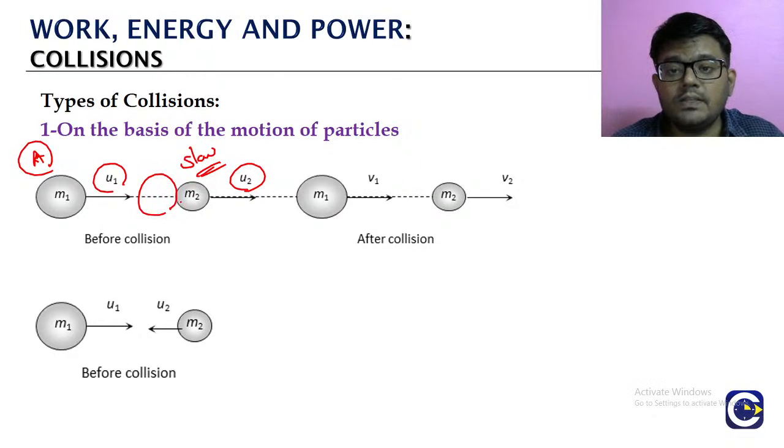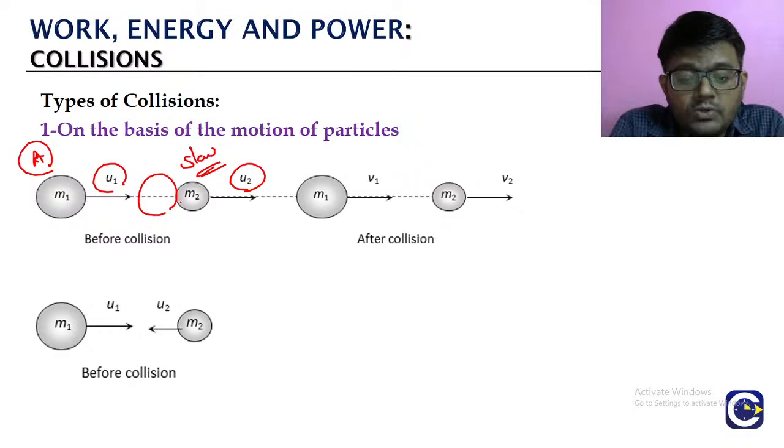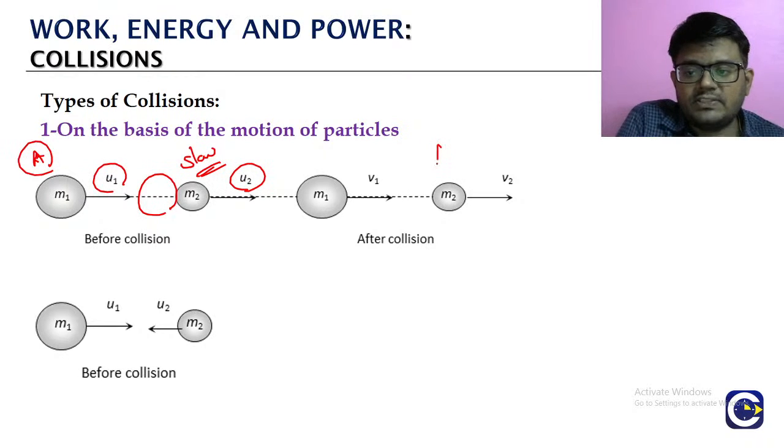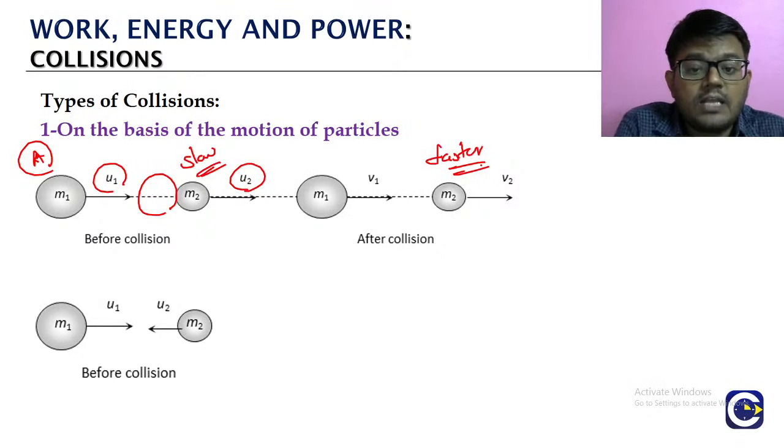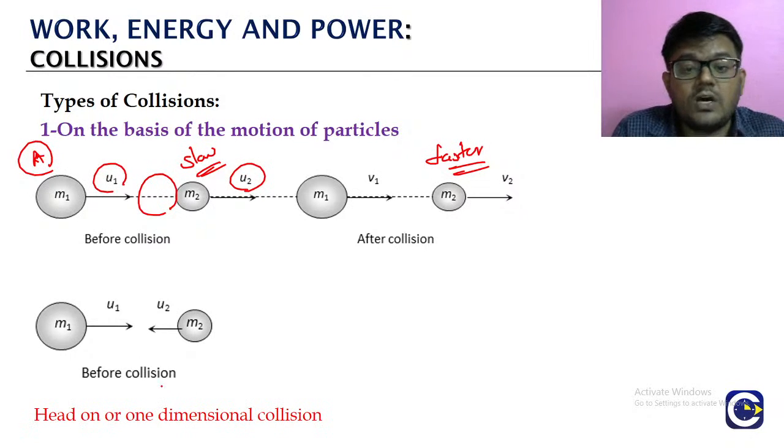So what you generally see, like somebody is going slow, and from the back side some vehicle is coming and hitting. Immediately the object which is in the front will start moving fast. So this is one type of head-on collision.